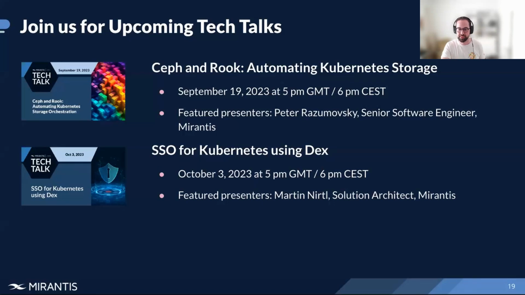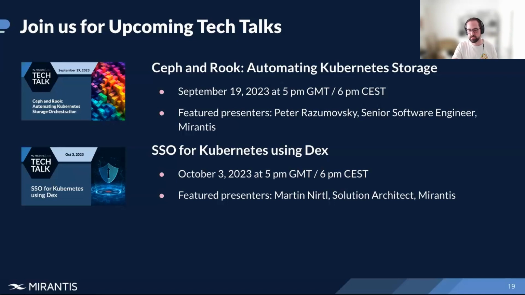And another tech talk about single sign-on using DEX. So something that is very fitting into the picture of Kubeflow, where we will go into how to set up, for example, OpenID Connect with DEX, so you can do single sign-on into your Kubernetes cluster with ease, or with your Azure Active Directory, Okta, or whatever you are using.